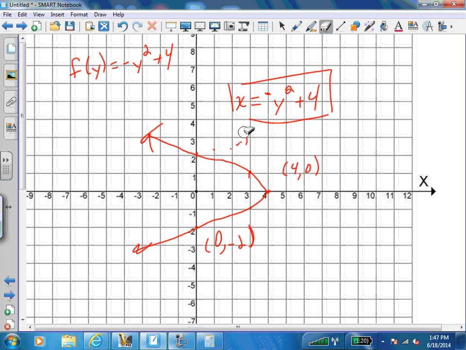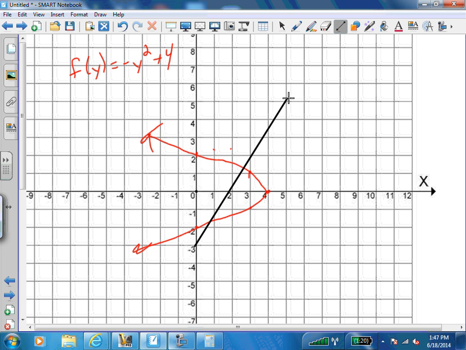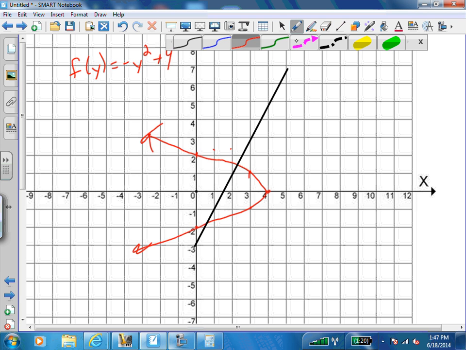And let's suppose we intersect that with a line, something like that. And we want the area between those two curves. That area.